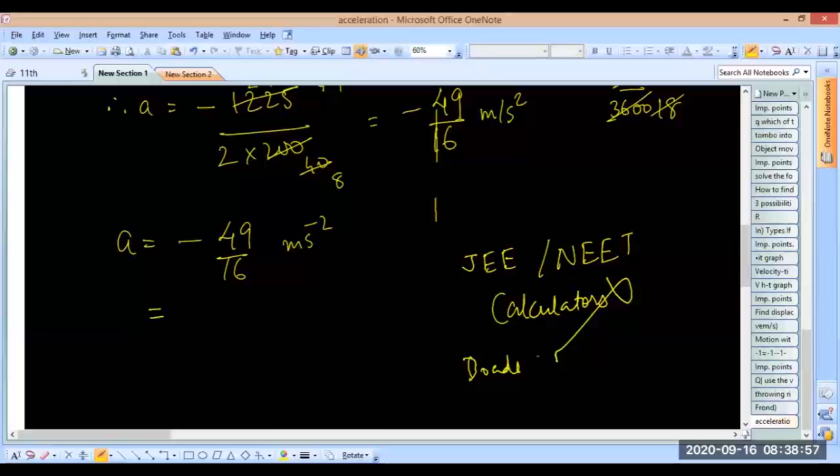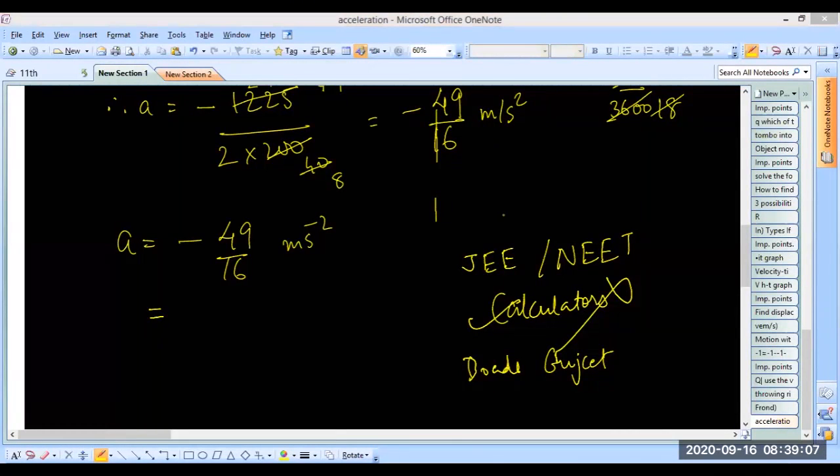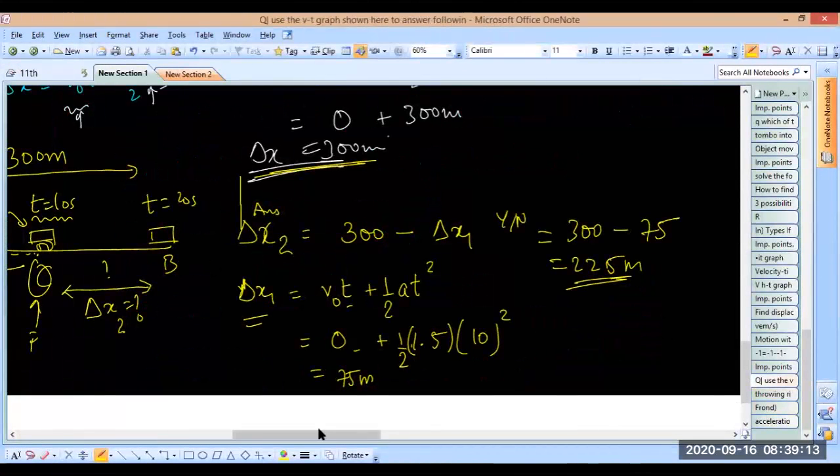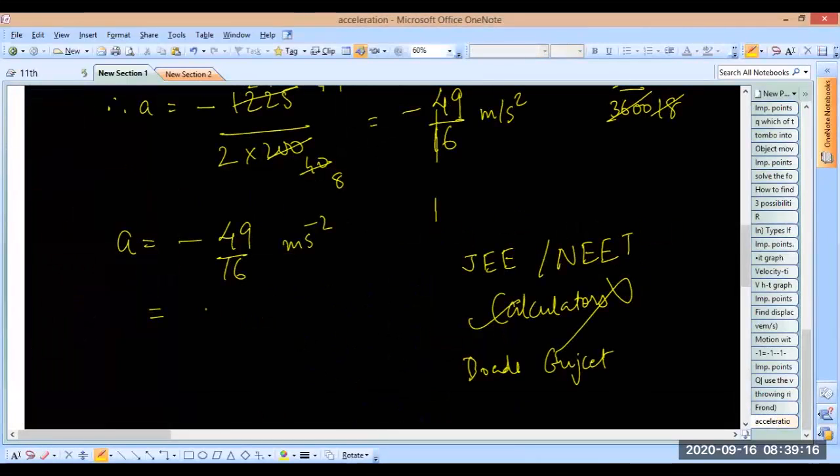In JEE and NEET, it is not allowed. So you should learn to do it without a calculator. And yes, many of you have got it right. It is minus 3.0625 meter per second square. So this is acceleration.